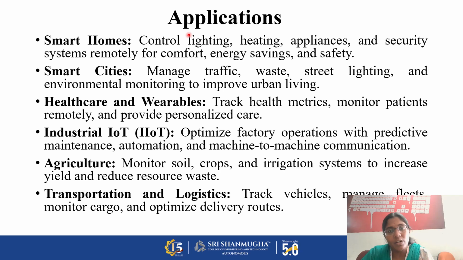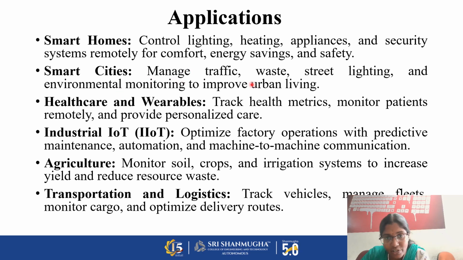By using IoT we can control lighting, that is, we can switch lights on or off, or increase the intensity of lights, automatically with the help of IoT. And for heating, appliances and security systems, it can be used in your smart homes. And the next one is smart cities.